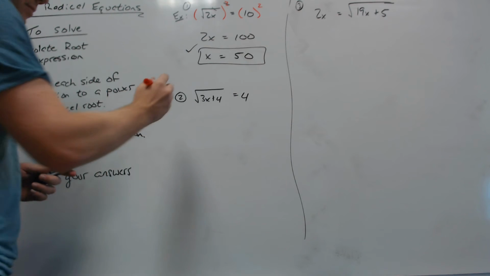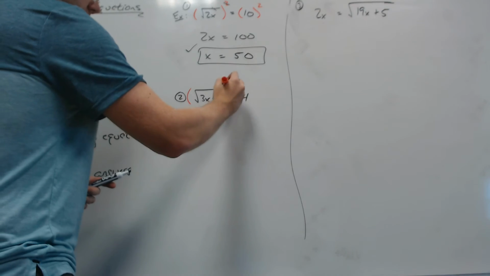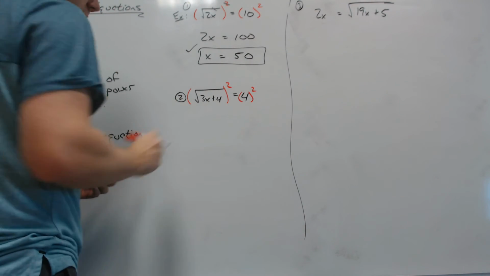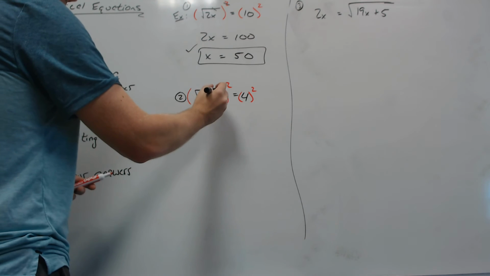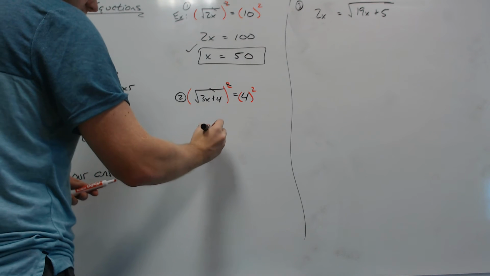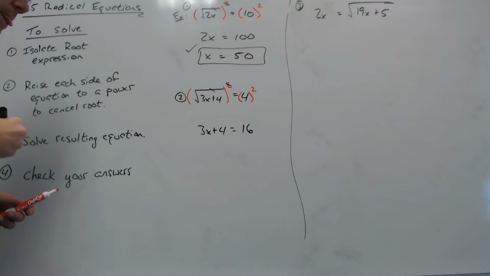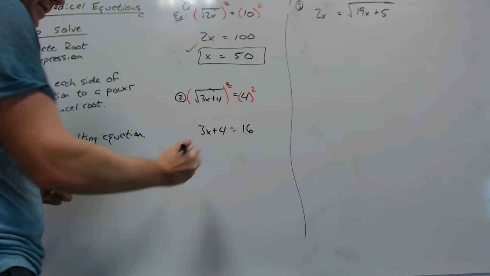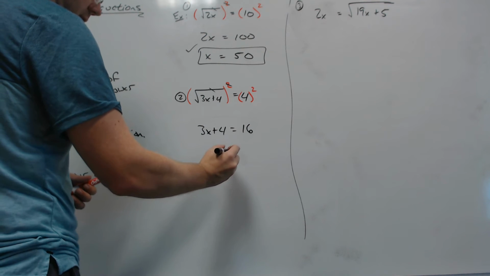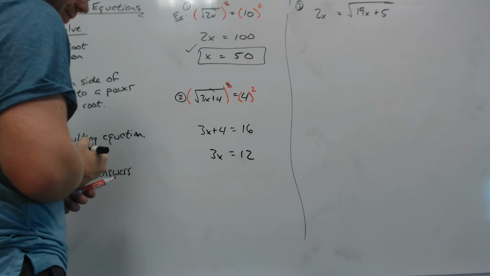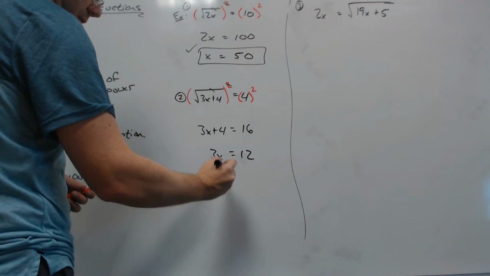Okay, number 2. We can start by squaring both sides to cancel out the root. 3x plus 4 equals 16, and solve from here, subtract 4, divide by 3.